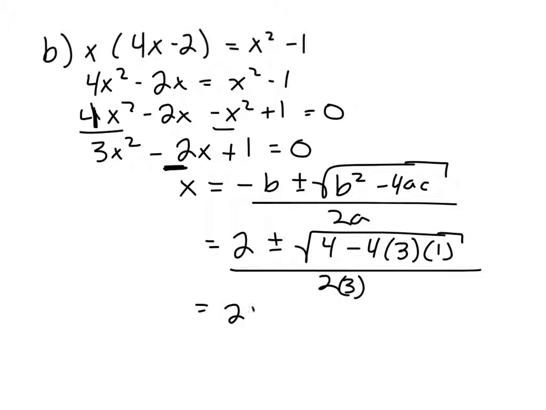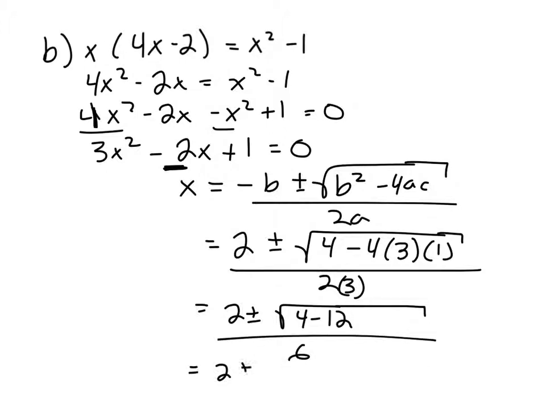Okay, so I'll have 2 plus or minus the square root of 4 minus 12, right? 4 times 3 is 12, divided by 6. So that's 2 plus or minus, so 4 minus 12 is negative 8, divided by 6. All right, so the square root of negative 8.